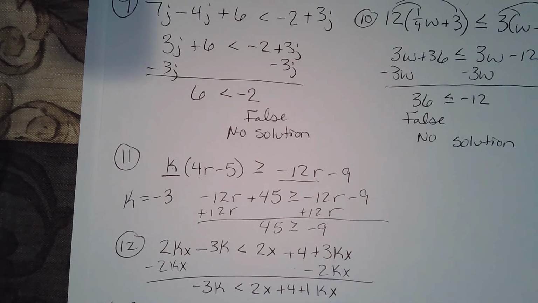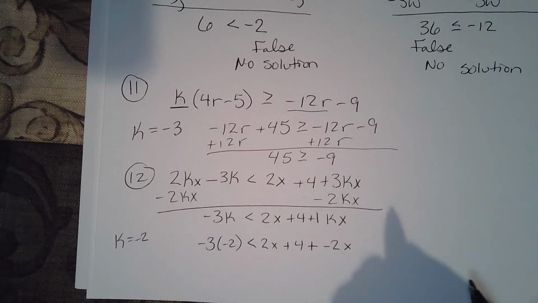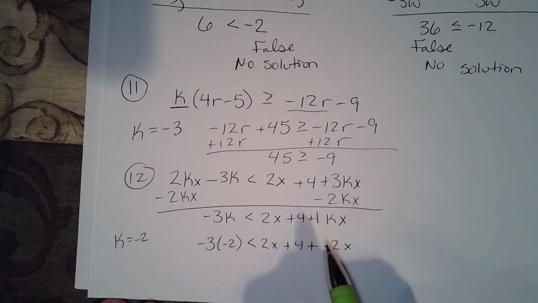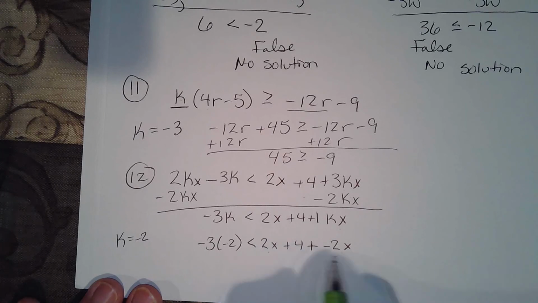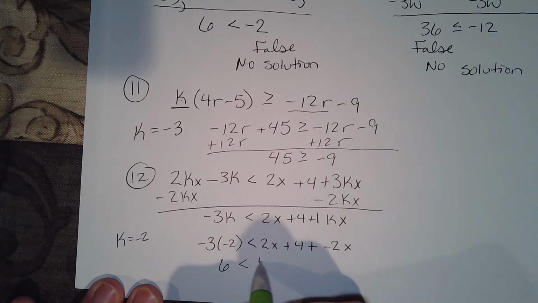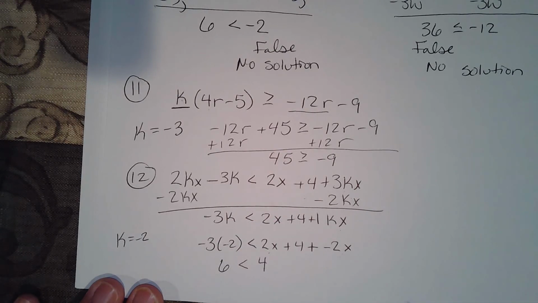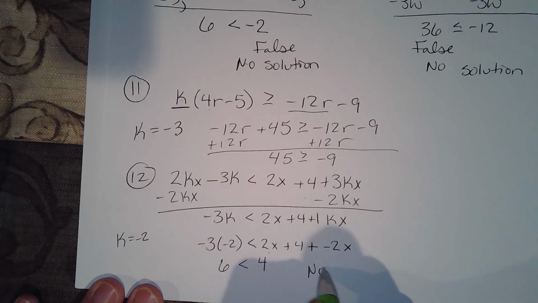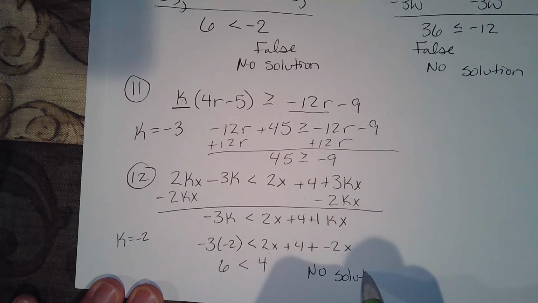So negative 2x and negative 2x cancel out, which is kind of what we were going for here. If these two here cancel out, that leaves me 6 is greater than 4. Is that a true statement? And the answer is no. So this is a no solution, because the two do not match.